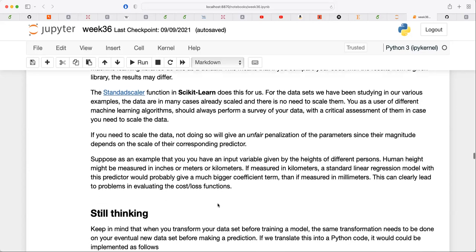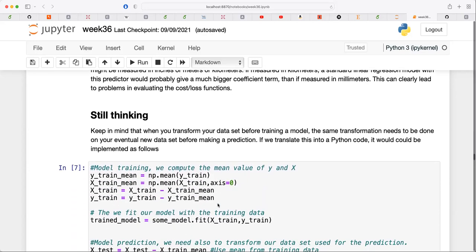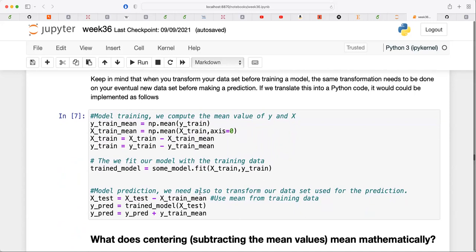So when you do things, scikit-learn has this possibility to actually do this automatically for you. But when you want to compare, what you would often do then is to subtract from your design matrix the mean value.